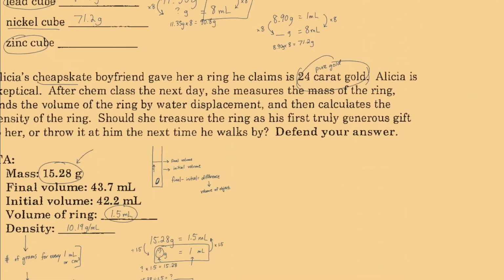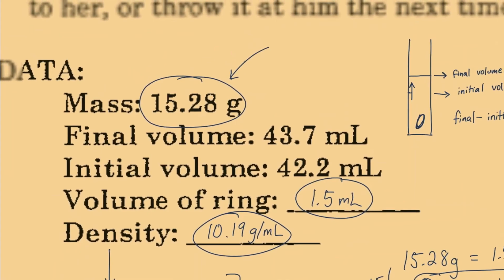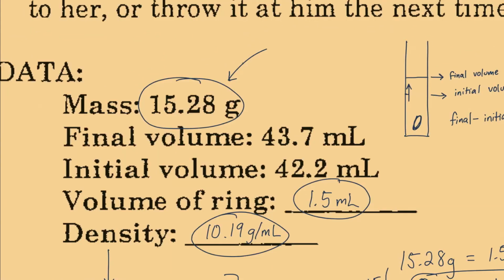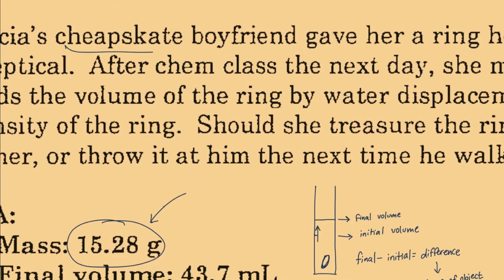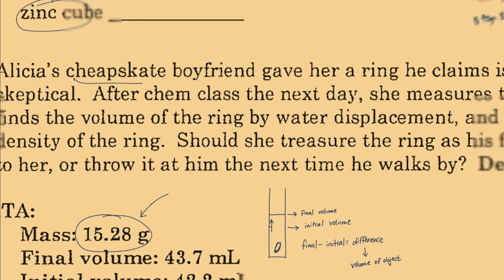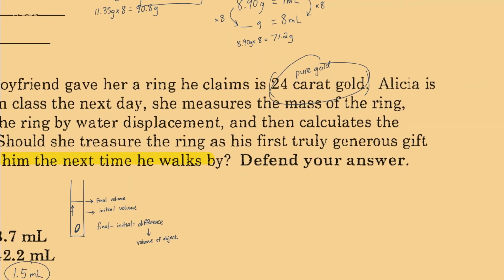We have significantly fewer grams for every 1 milliliter in the ring than we should have if it were pure gold. So I don't think she should throw the ring at him because that's not necessary, but she might not treasure the ring as his first truly generous gift.